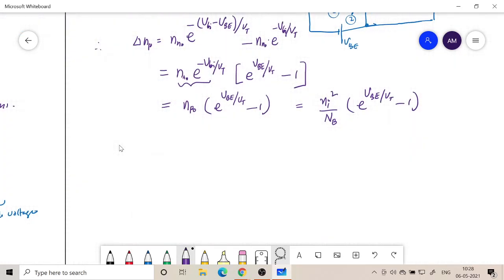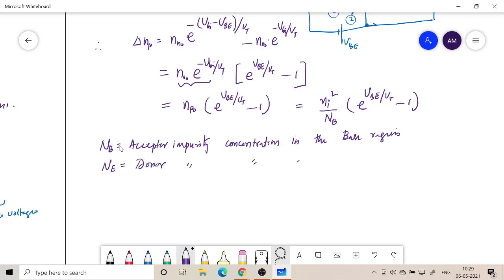Okay, so let me write it explicitly. This is the acceptor impurity concentration in the base region, which I told you as 10 raised to 15. Similarly, I will take Ne as the donor impurity concentration in the emitter region, which is going to be much higher, maybe 3 orders of magnitude higher, because the emitter is going to be heavily doped compared to the base region.